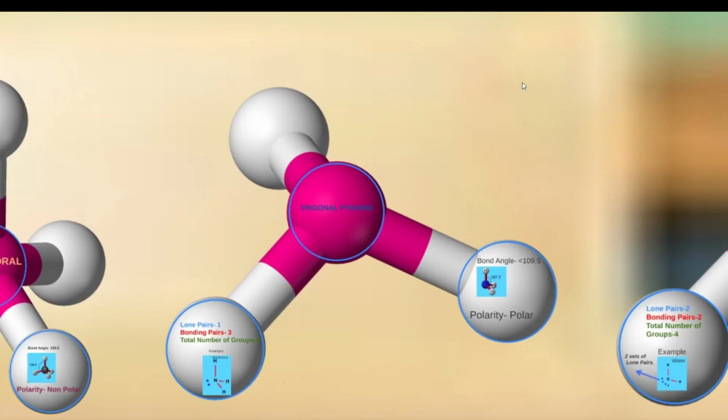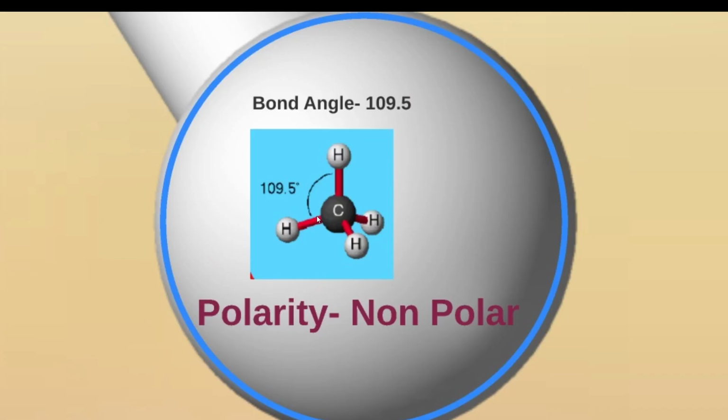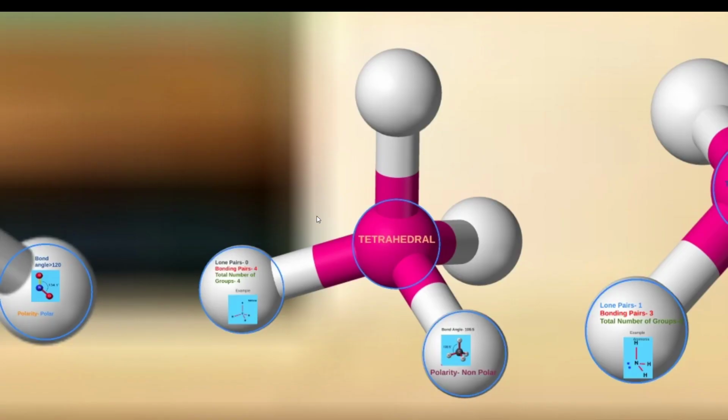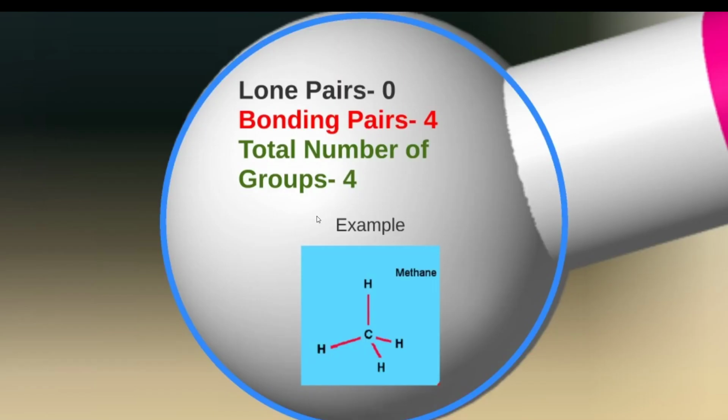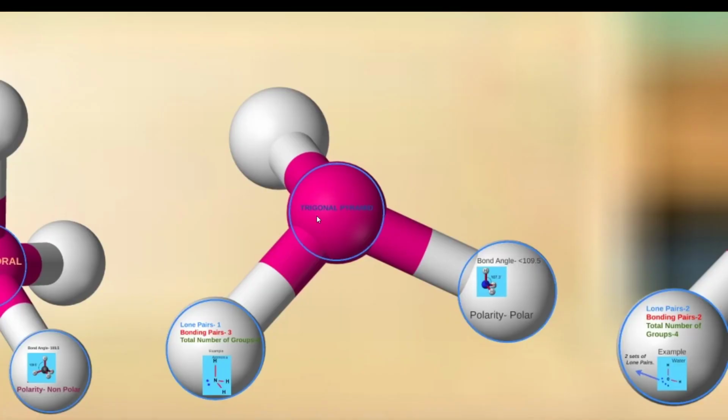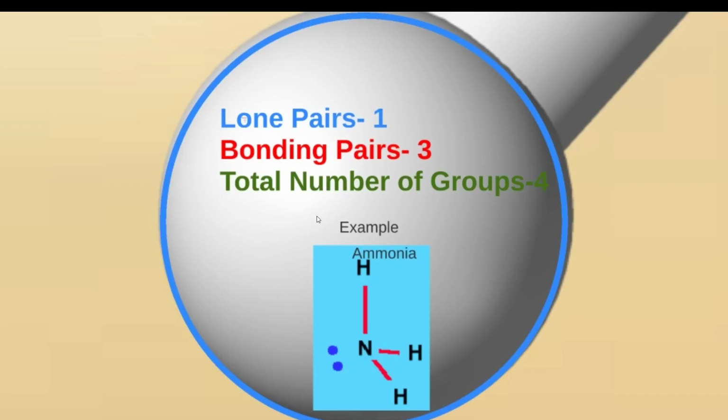Okay. Next here is trigonal pyramid. This one, we can already see, hey, there's something funny going on here. Why is it raised up above the ground? In fact, it kind of looks almost like a tetrahedral without the top one. And that's exactly what's going on.